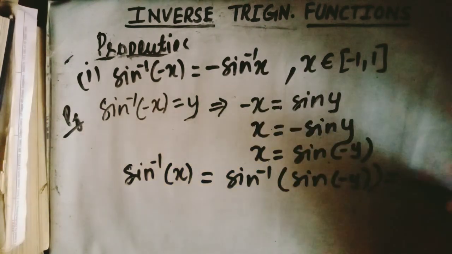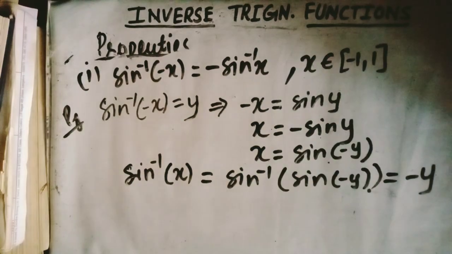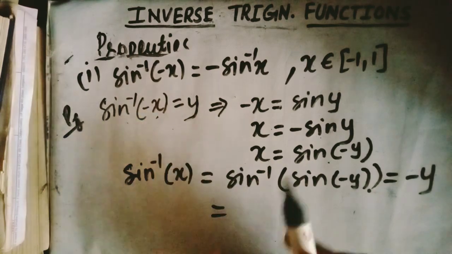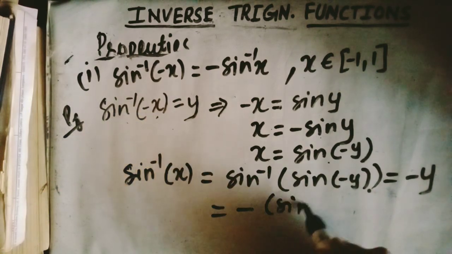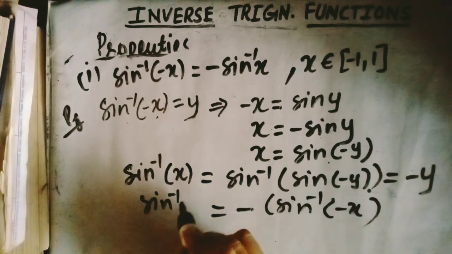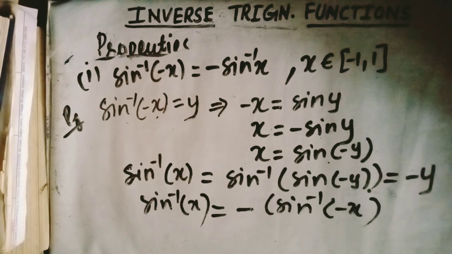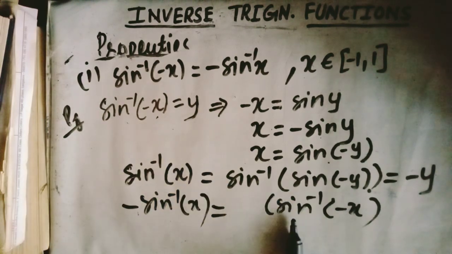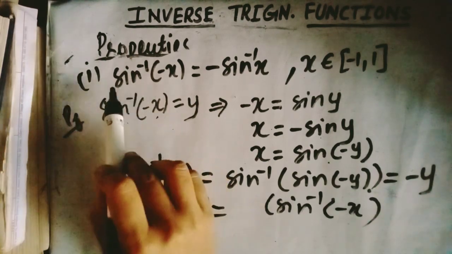So this will be minus y, which is nothing but minus sine inverse of minus x. This is sine inverse of x. So this minus you can take to this side, and you will get the required result, that is sine inverse of minus x is equal to minus sine inverse of x.